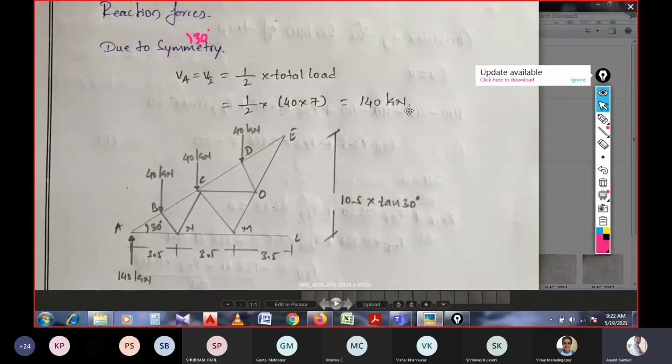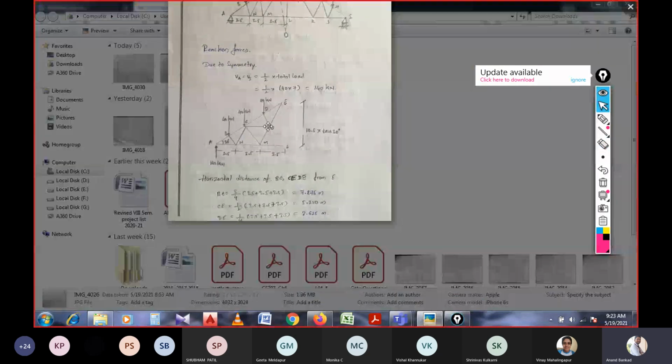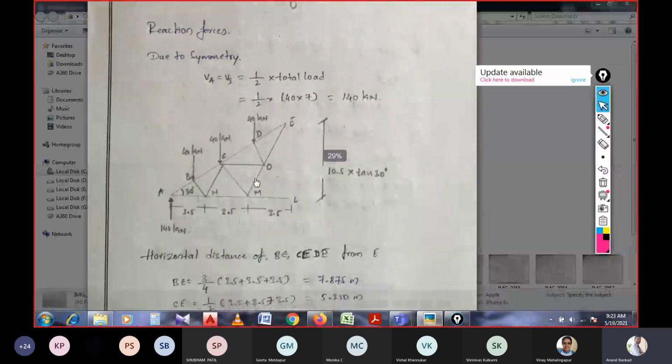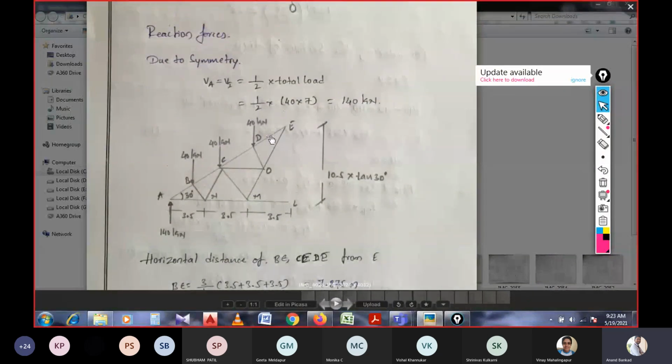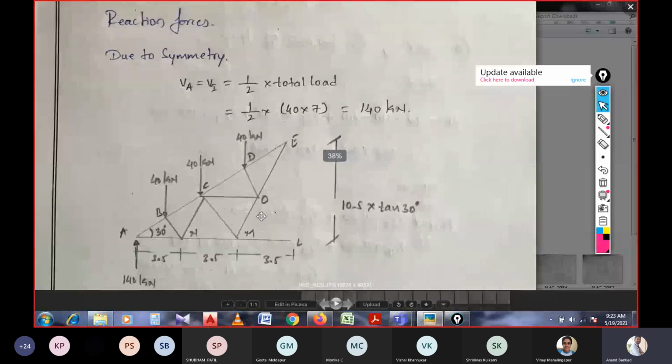After calculating the reaction forces, the next step is to consider the section that is taken for analysis in the truss. In that truss, we are referring to the left hand side of the truss. If you choose the left hand side, the section will look like this.